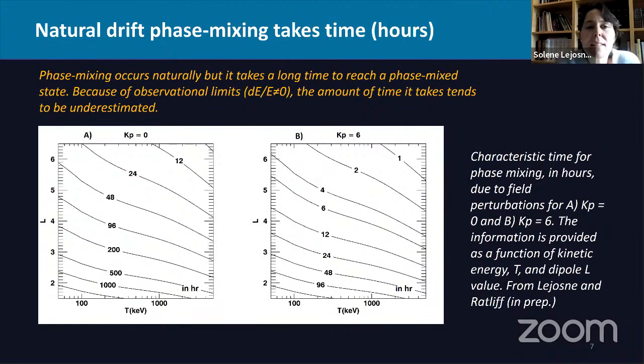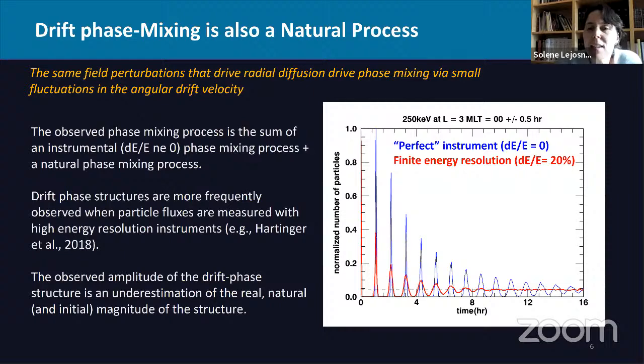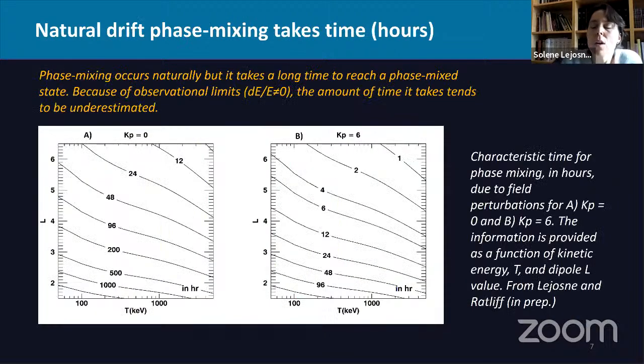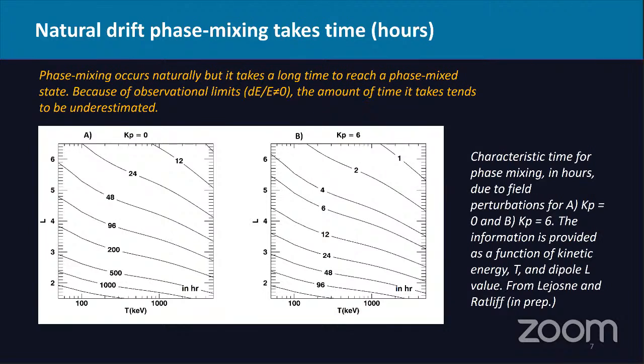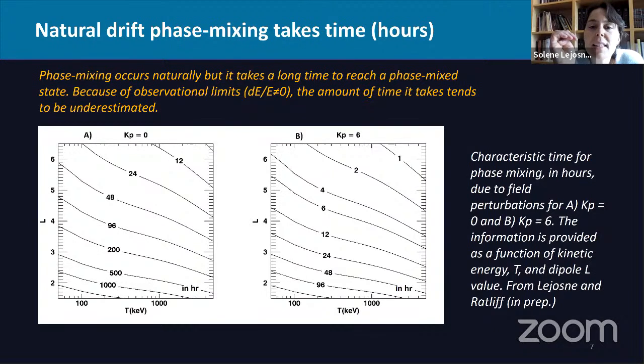So I characterized, for the blue, the time it takes for this drift phase structure to dissipate, as a function of energy and the L value, and you see that it takes hours.